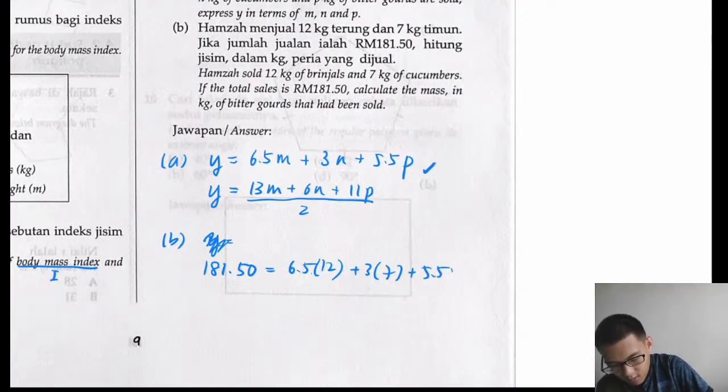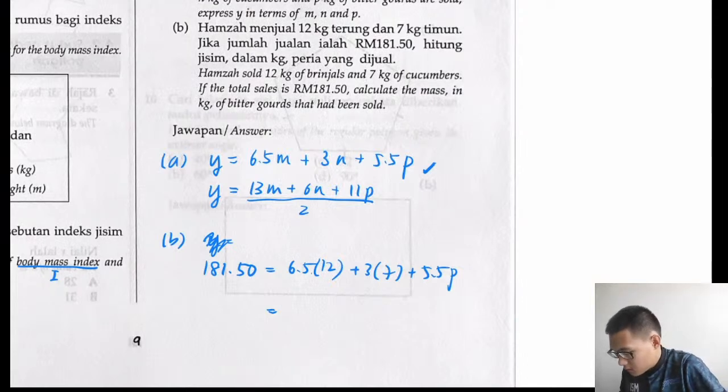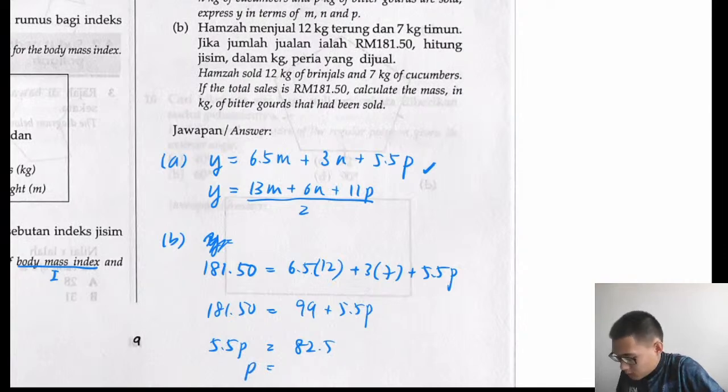So I try to find p with the calculator. The total is 99. So 5.5p equal to 82.5. Therefore, the answer is 15 kg.